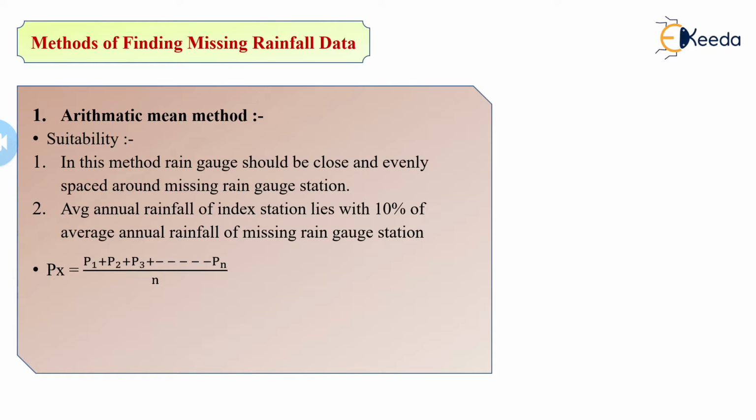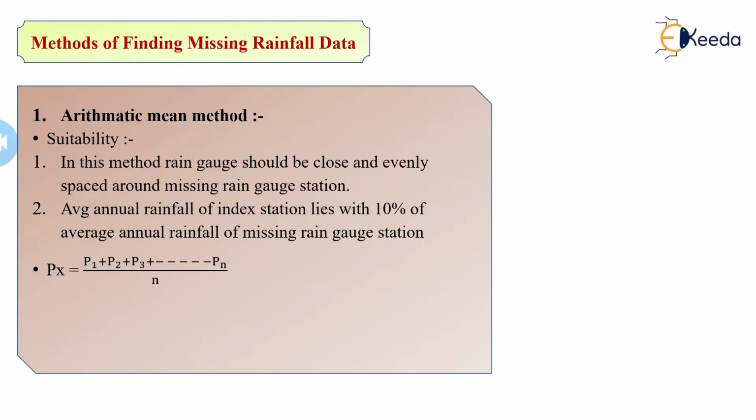By using the equation, the precipitation of the missing rain gauge station X, P_X, is equal to P1 plus P2 plus P3 plus ... plus P_n, where the precipitation of all the available rain gauge stations is added, and it is divided by the number of existing or working rain gauge stations.